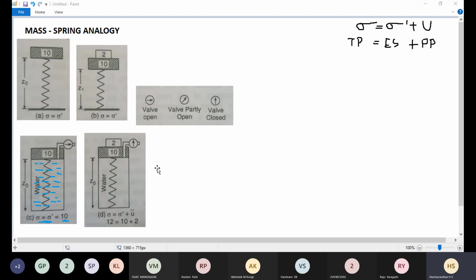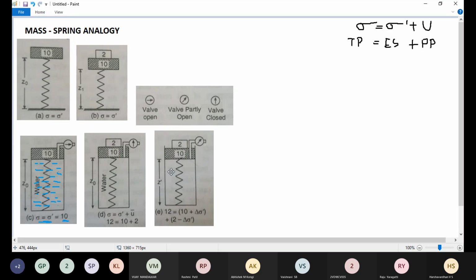Now, next step, I'll partially open the valve. So you can see here, I'm partially opening the valve. When I open the valve partially, the water starts to flow out. And when the water starts to flow out, some of the stress that was carried by this water is transferred to the spring. And because some of the water is flowing out, now the spring can get compressed.